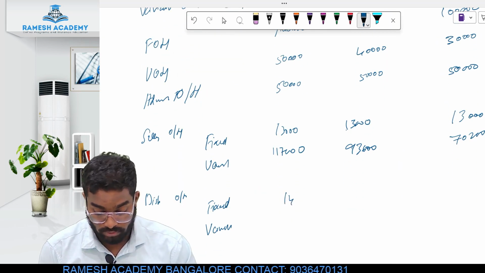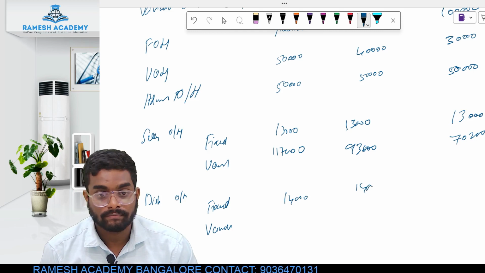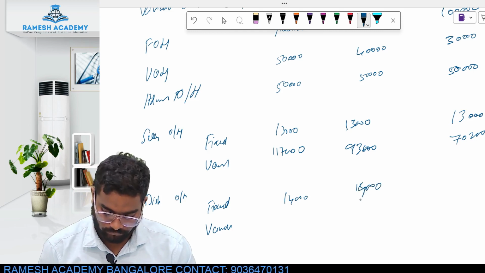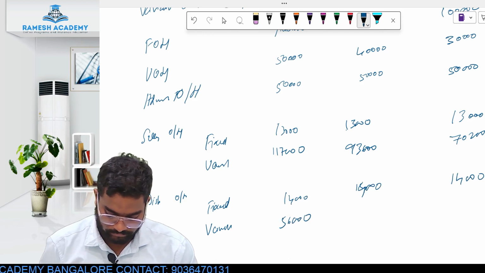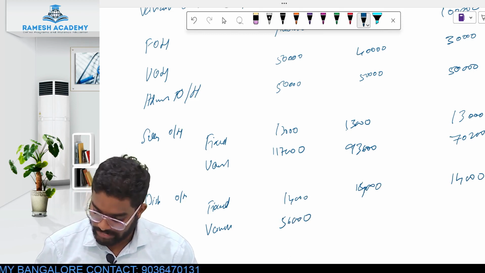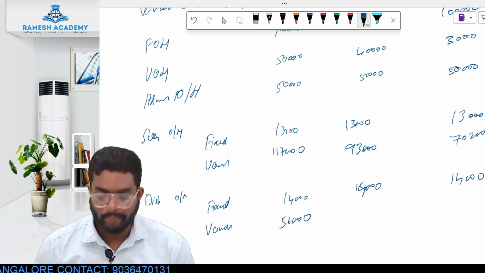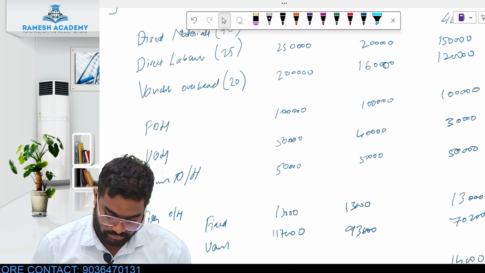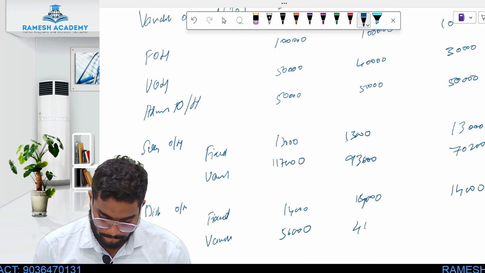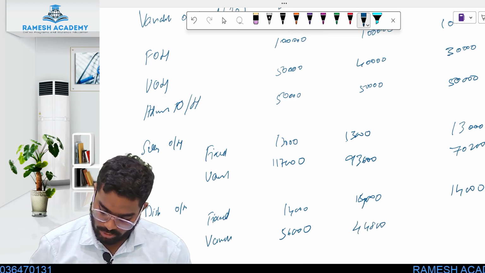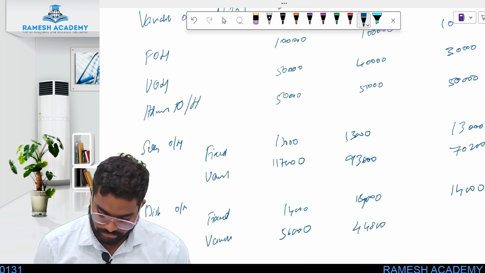So here it will be 56,000. So 56,000 divided by 10,000 is 5.6 into 8,000, which is 44,800. And 5.6 into 6,000, which is 33,600.